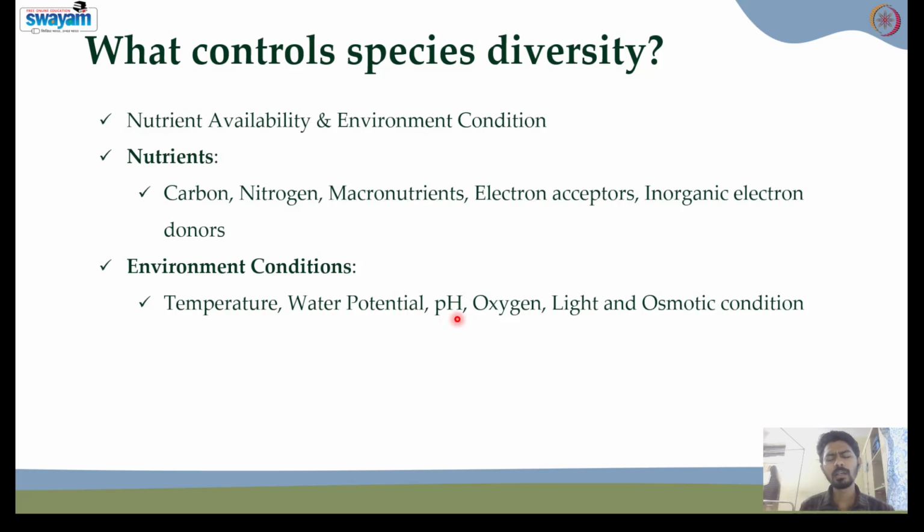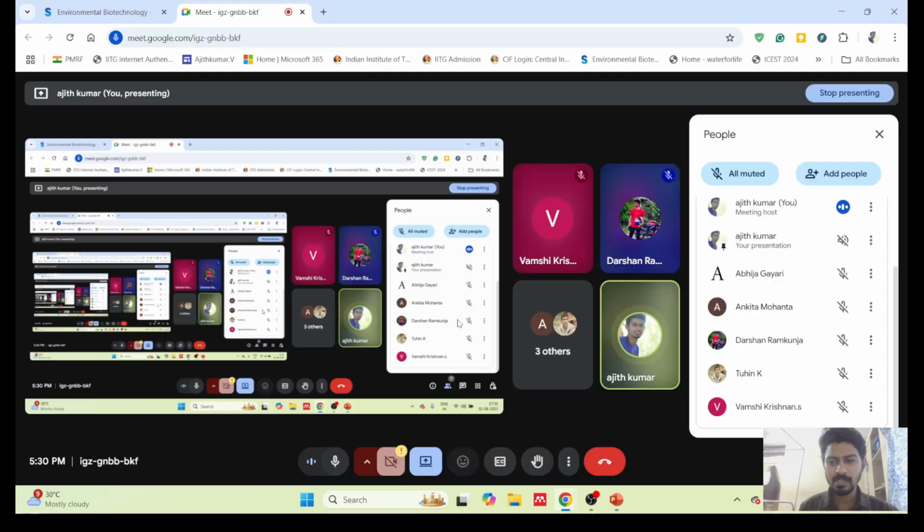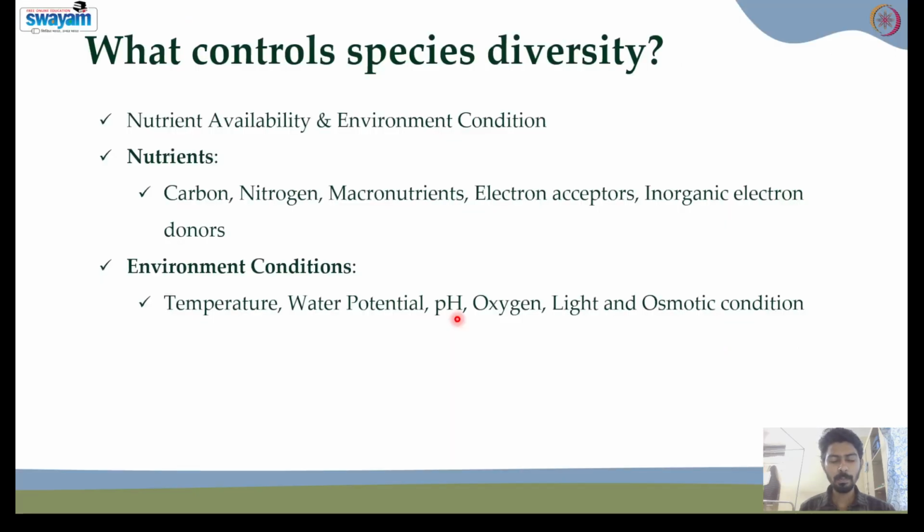So can anyone tell the definition of acidophiles or alkaliphiles? What do acidophiles or alkaliphiles mean? These are all organisms, right? A group, a type of organism.